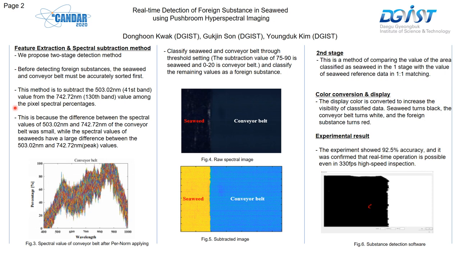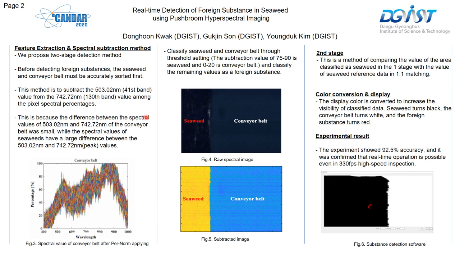This is because the difference between the spectral values of 503 nanometer and 742 nanometer of the conveyor belt was small, while the spectral values of seaweed have a large difference between the 500 nanometer and 742 nanometer values.